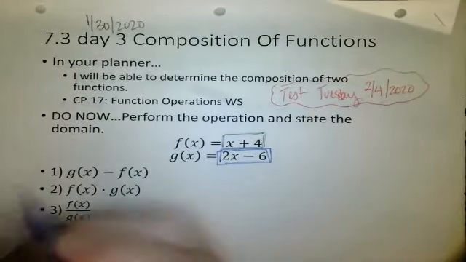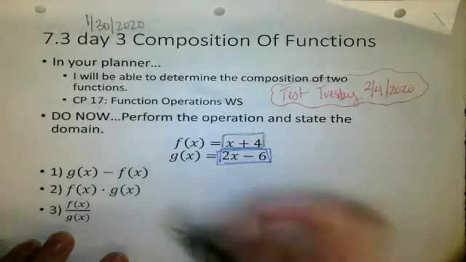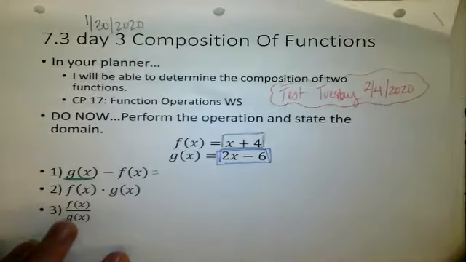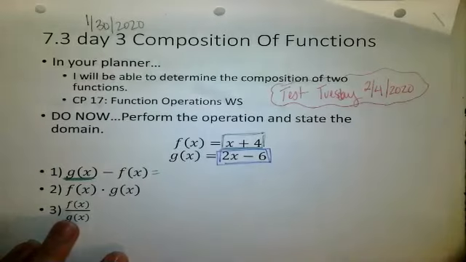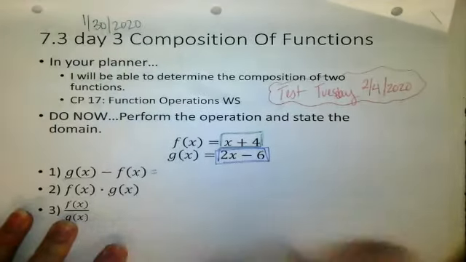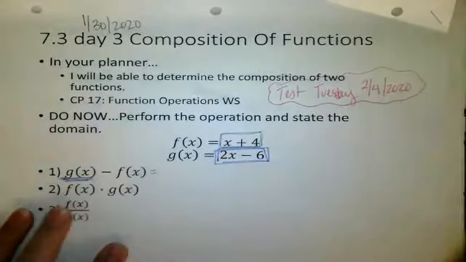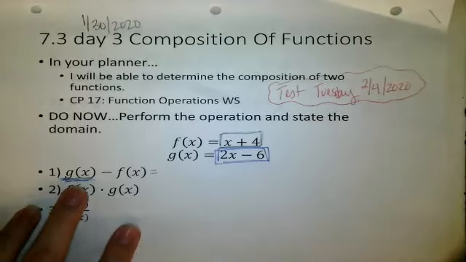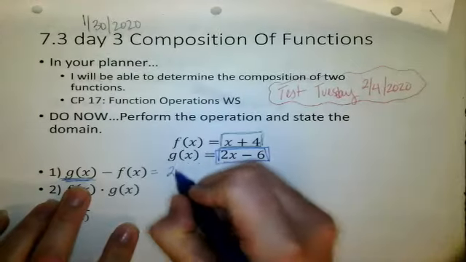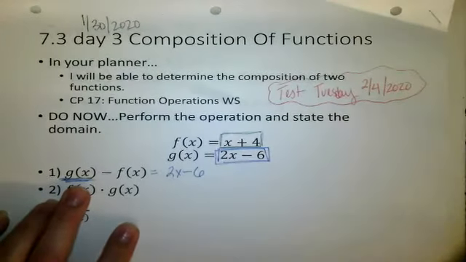And so this notation says, hey, what can I replace g of x with? Oh, whoops, my color. Look at me. I'm trying to be all cute. Okay. What can I replace g of x with? 2x minus 6. See, I did the same thing. You got to pay attention. That's what that is. 2x minus 6.